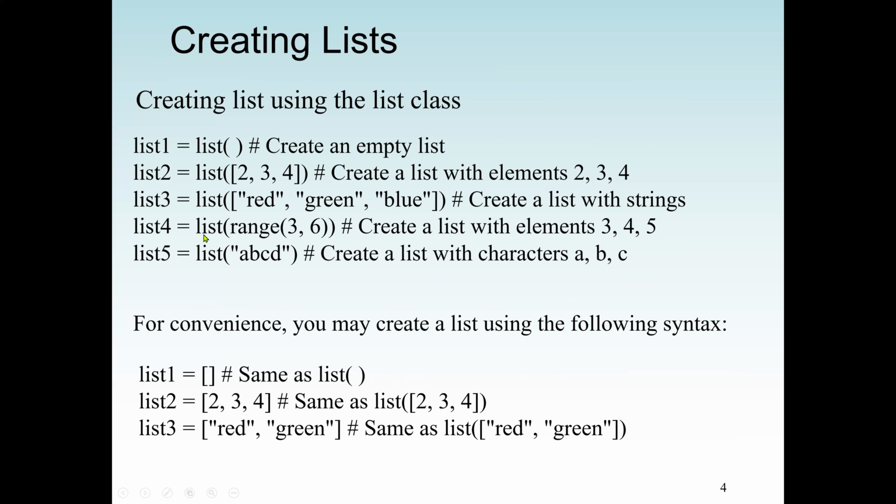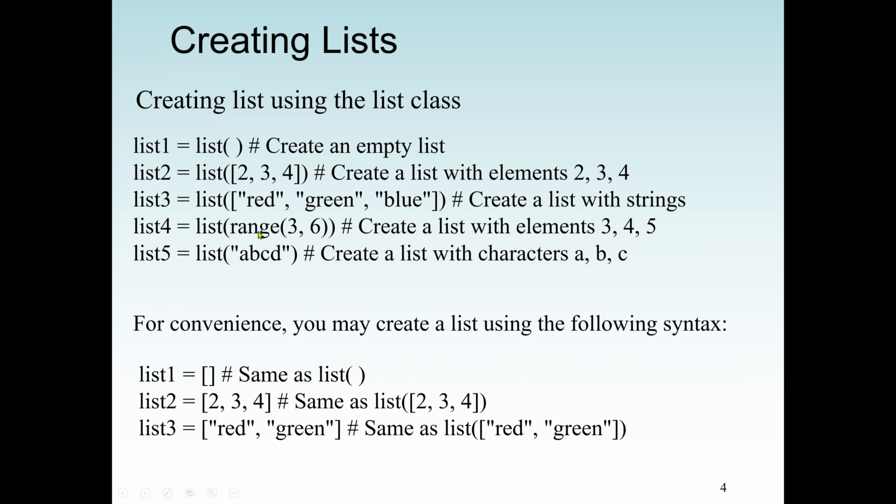We can also create a list using the range function. Remember, we use this range function in a for loop. If we say the range is from 3 to 6, it means we have 3, 4, and 5, same as we used it in a for loop in our previous lectures.